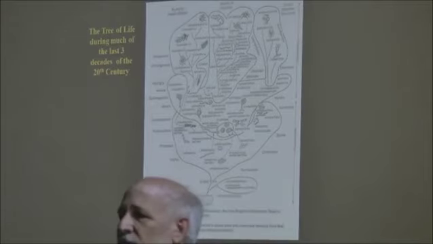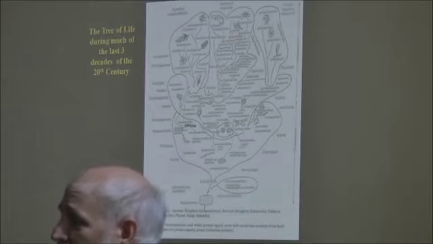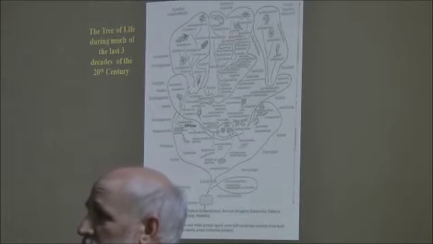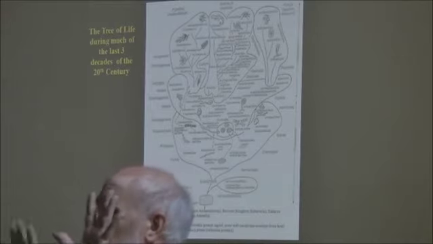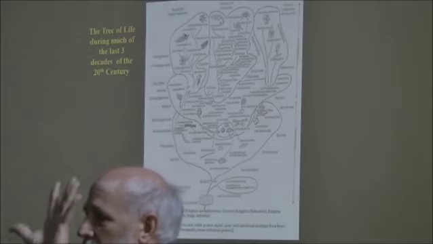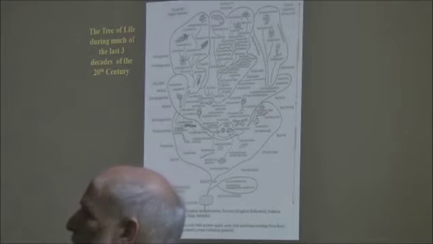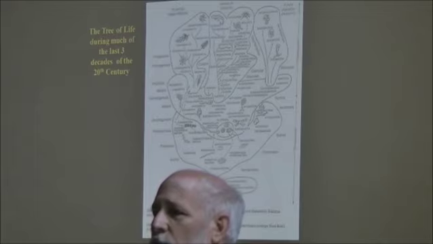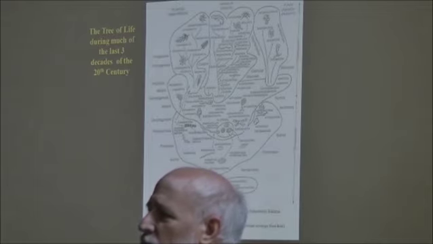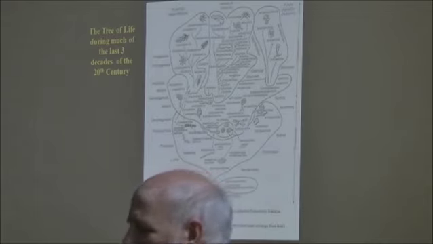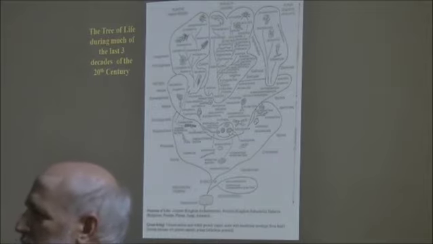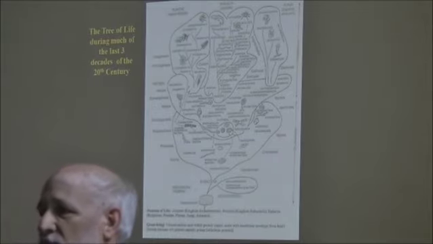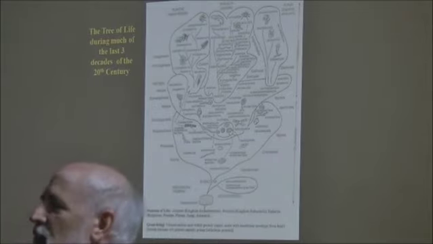And in fact, when they looked at the ribosomal RNA of different kinds of organisms, they noticed that they fall into three distinct clusters. Now you say, well, what is so interesting about ribosomal RNA? Well, ribosomes are the little bodies that read the information to make proteins.